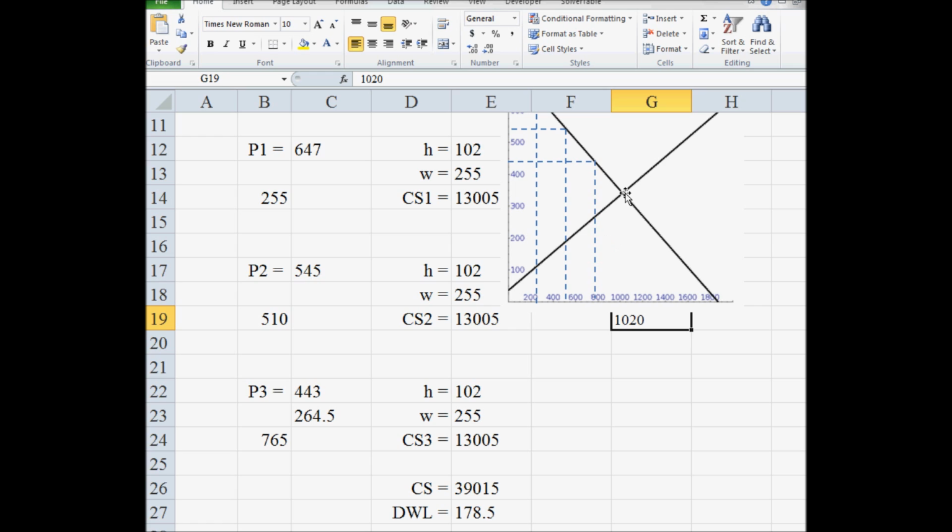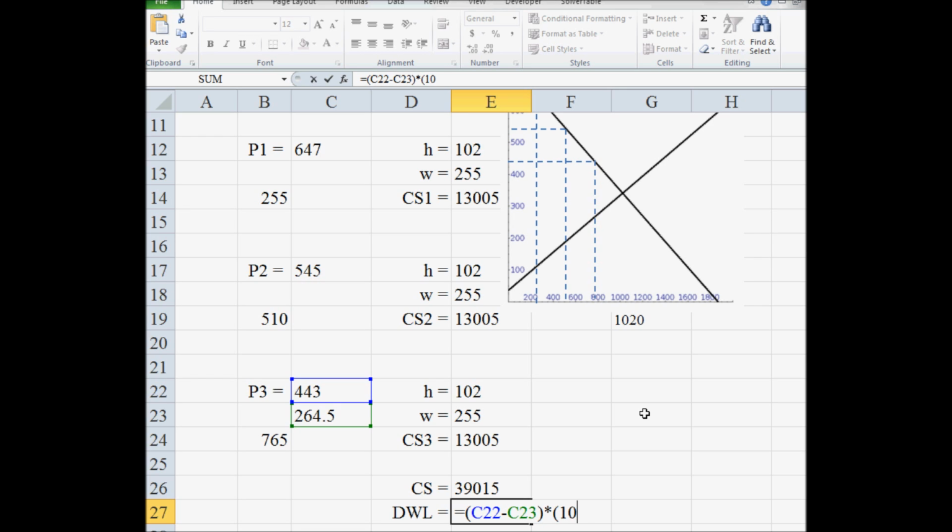The width of this triangle is the difference between 1020 and this value right here, which is 765. So we multiply the height by that difference and divide by 2. So deadweight loss is 22,758.75.